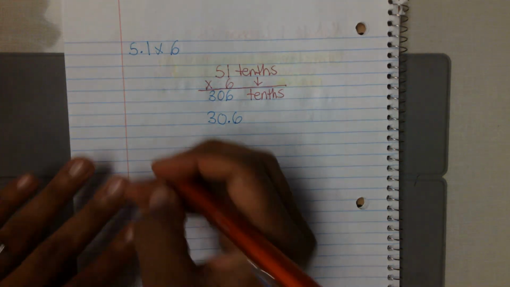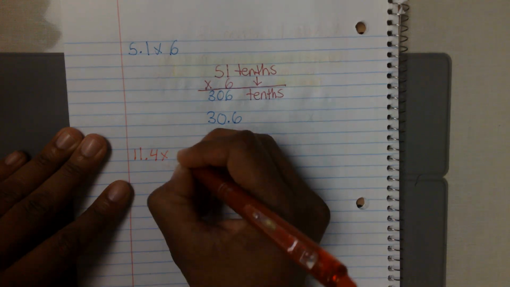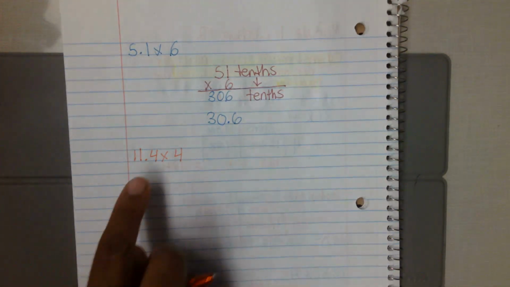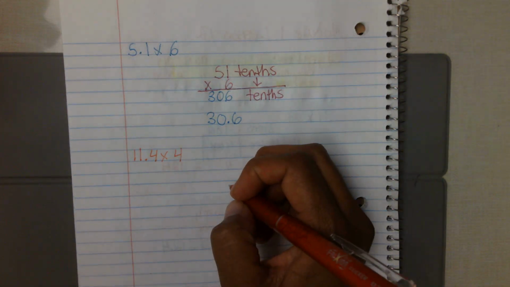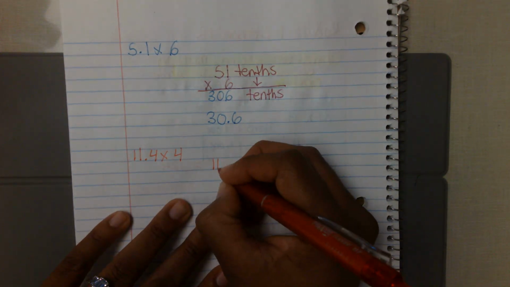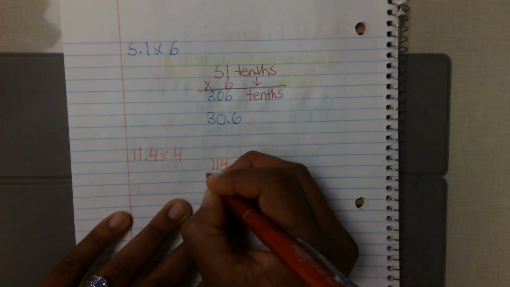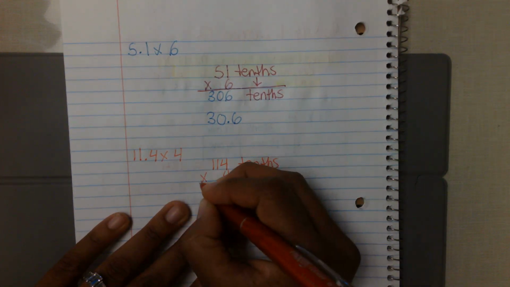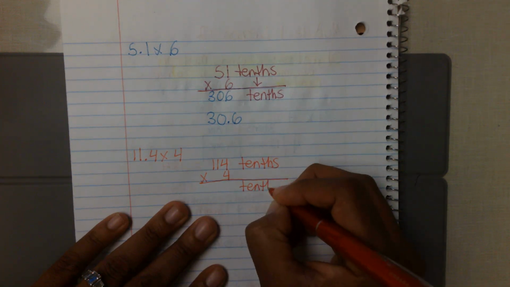So we're going to do 11 and 4/10 times 4. So remember, because it's in tenths, my answer should be in tenths. So I'm going to write 114 tenths times 4. And so because it's in tenths, this needs to be tenths.